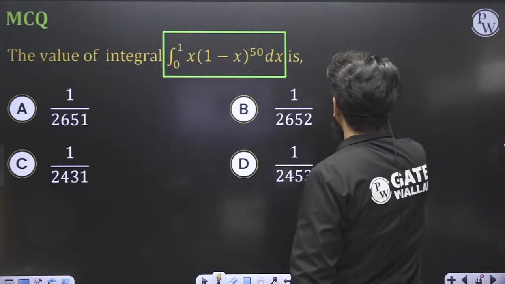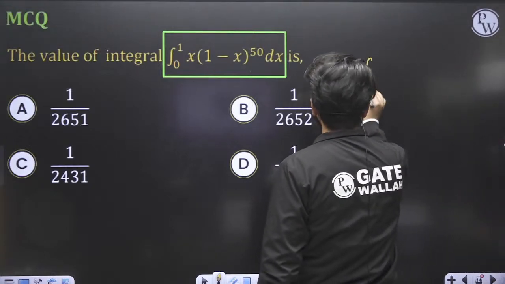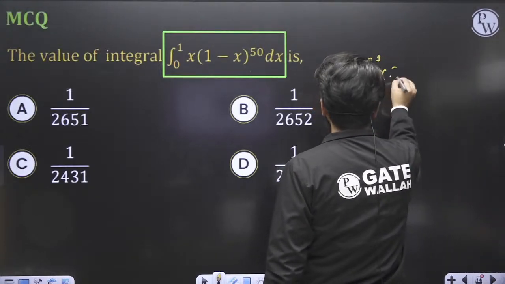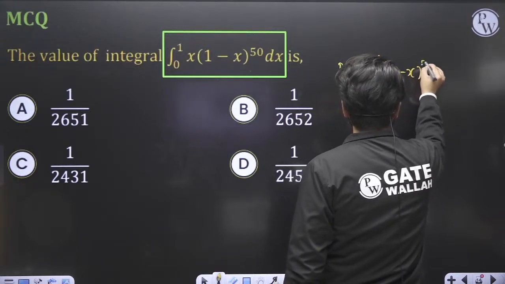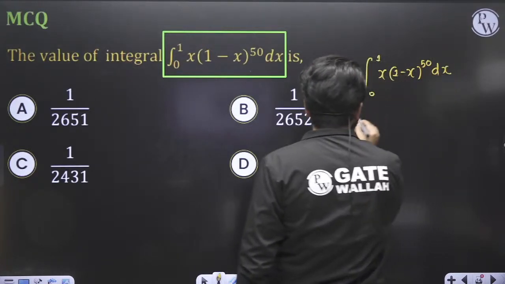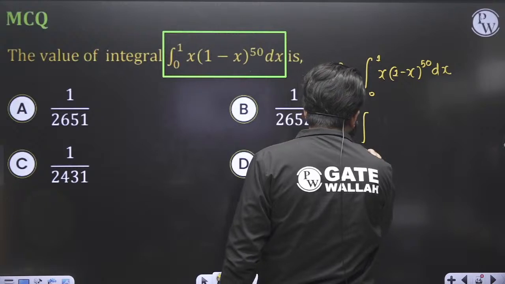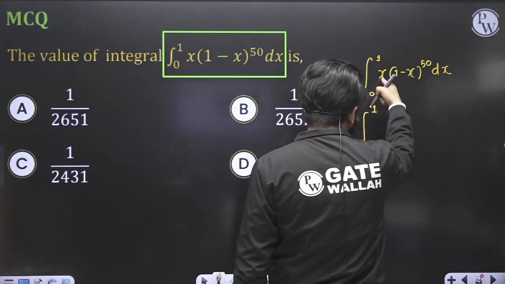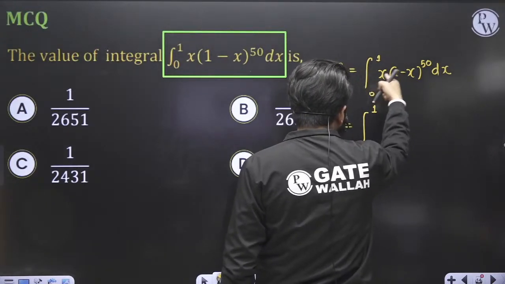Like if I is mentioned like this, the integral from 0 to 1 of x (1 - x)^50 dx. Perfect. Now the same I expression can also be written like this. I can replace every x by a plus b minus x.